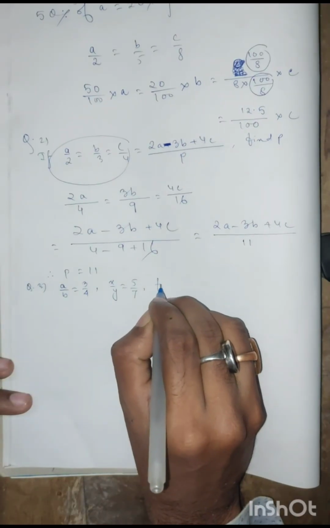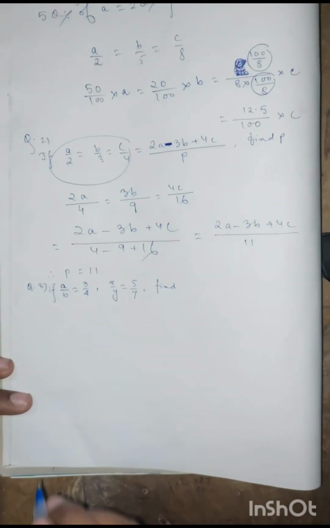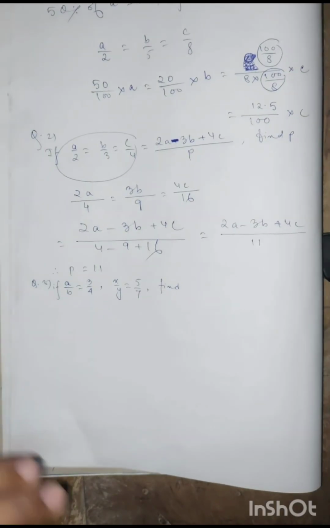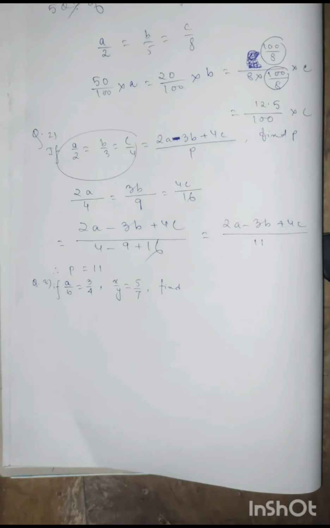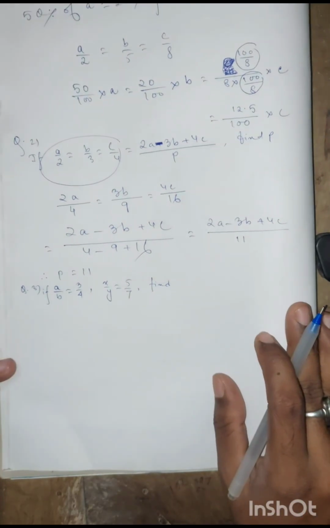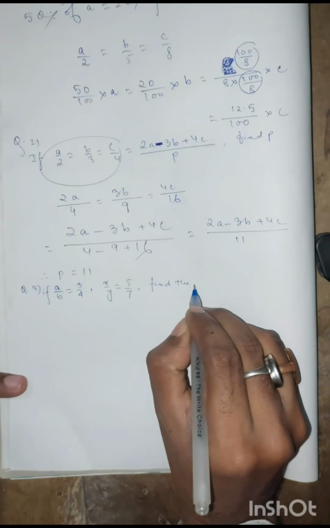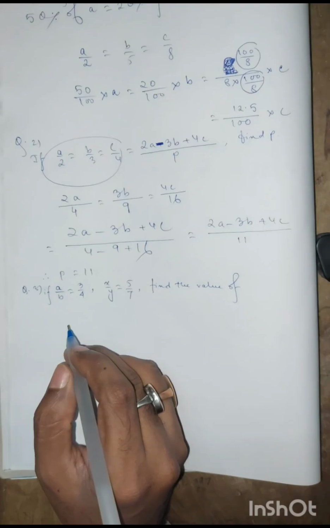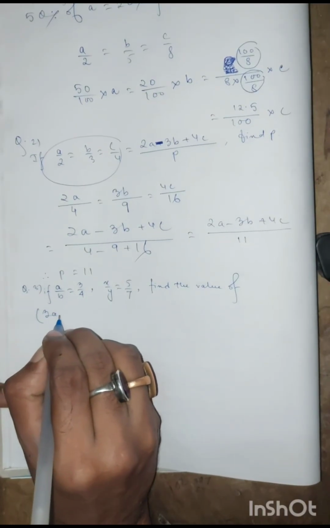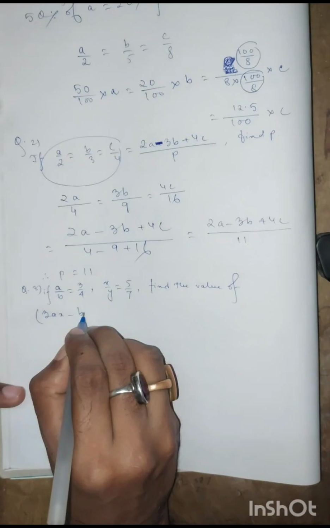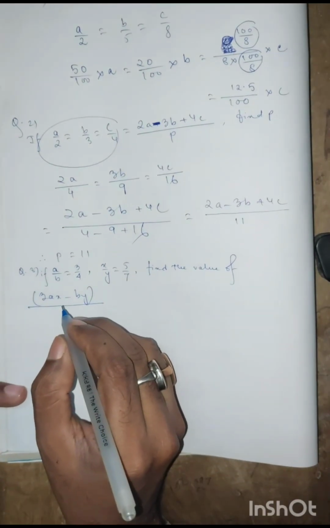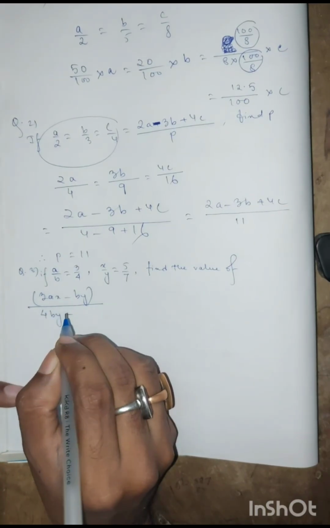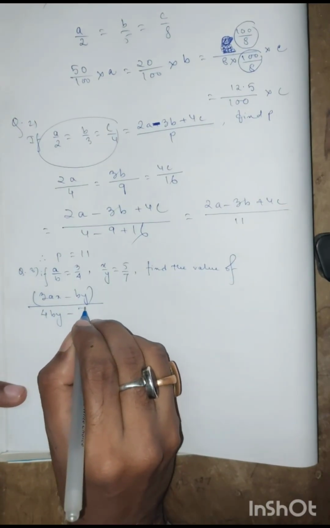Find the value of 3ax minus by by 4by minus 7ax.